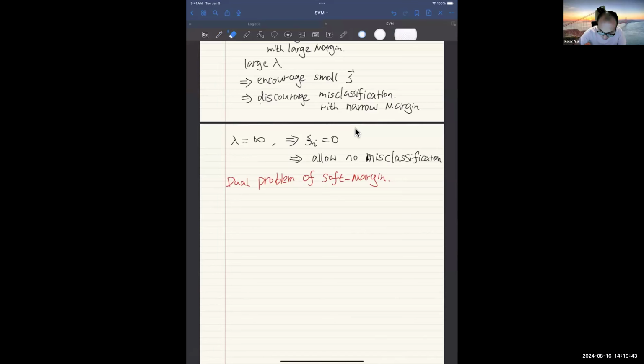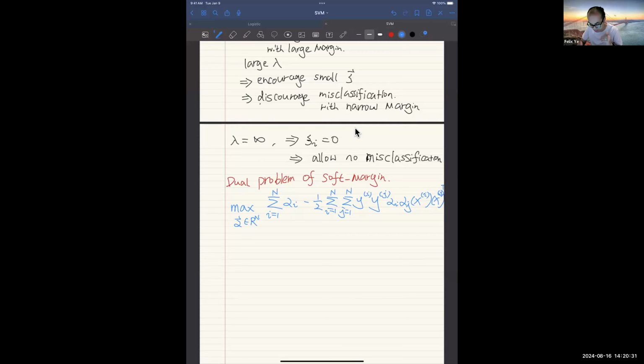This will be the maximum over alpha in R^n of the summation of i from 1 to m of alpha i, subtract 1 over 2, summation i from 1 to n, j from 1 to n, y_i y_j alpha_i alpha_j x_i x_j transpose.